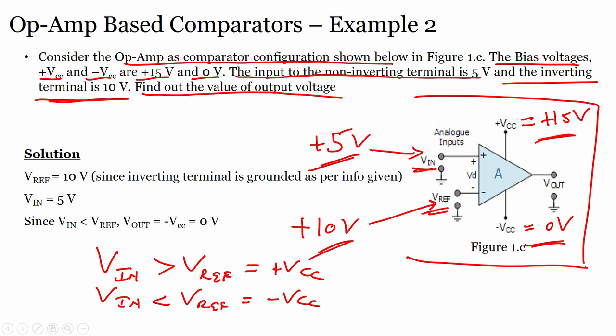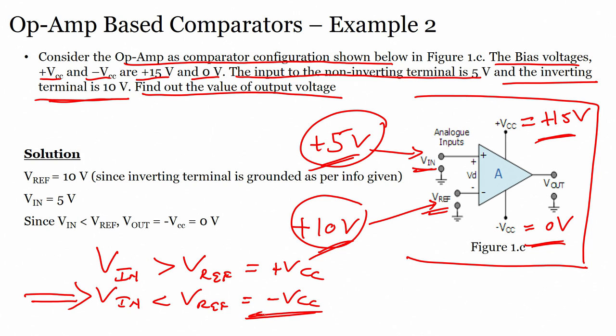If V in is less than V ref, then the second condition applies: 5 volts is less than 10 volts. That is why we have to consider the second condition, and our answer should be minus VCC.